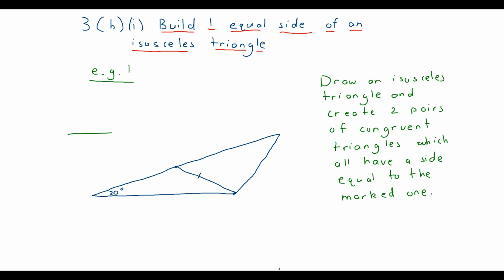Okay, I'm assuming you've had a go at it, so here's what I'm going to do. I'm going to pick this side here to be the side that I build off, and I'm going to now build off here. So I'm going to pick something that's the same length as this, like here.